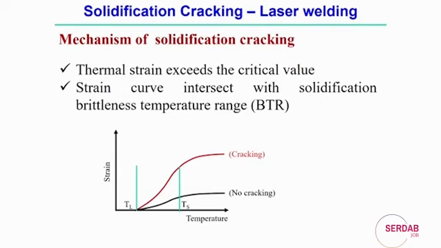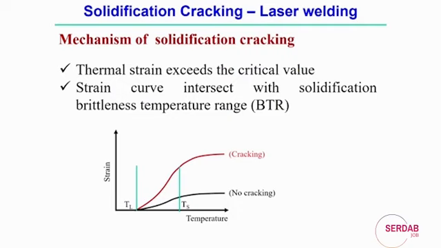But if the thermal strain developed between the solidus and liquidus temperature is very high and crosses the critical value of thermal strain, that induces some amount of solidification cracking.